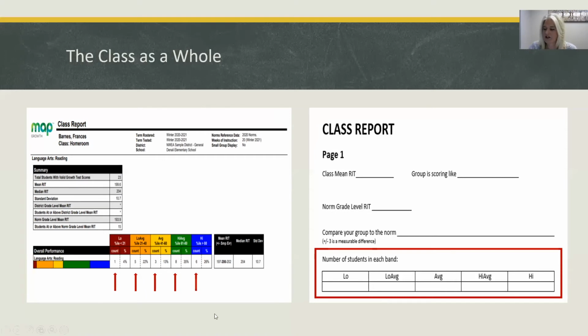So if I look at this, I might realize I have 14 of my 23 students are in the high average high range. I have 6 students that are in the low average range. Now, I don't know these students. This is Francis Barnes' classroom.